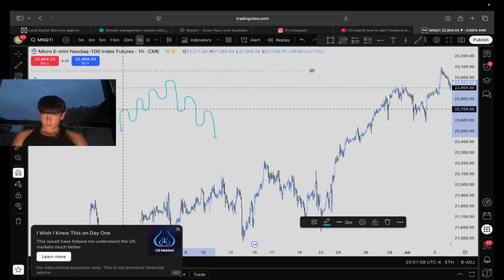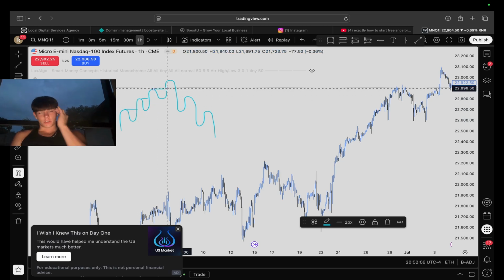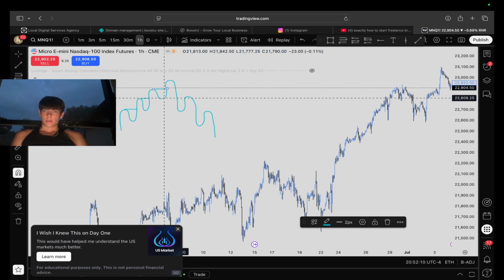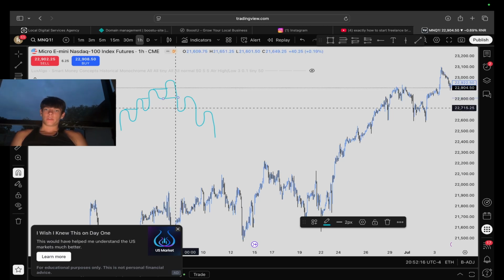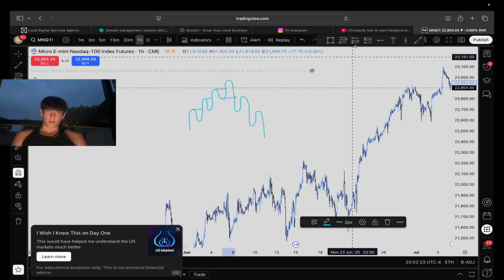We can see multiple breaks of structure to the upside indicating our uptrend and our continuation of our uptrend, but then we create this last higher high and we break structure on a higher low while then creating a lower low, and that would be a break of structure indicating a change in trend.